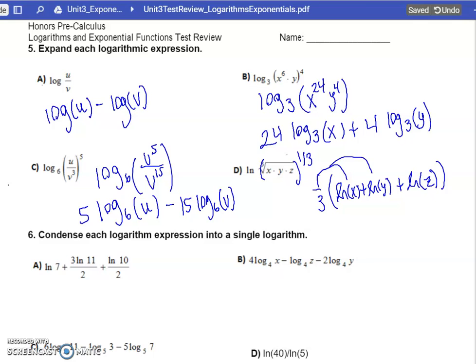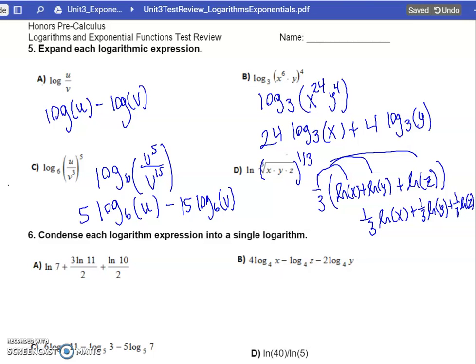And then I can distribute that. And so that's 1/3 ln x plus 1/3 ln y plus 1/3 ln z. Or I could write ln of x over 3 plus ln of y over 3 plus ln of z over 3.